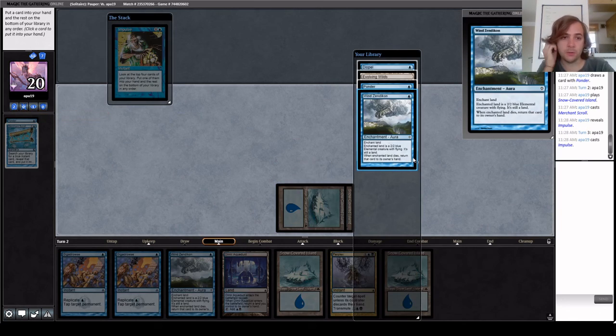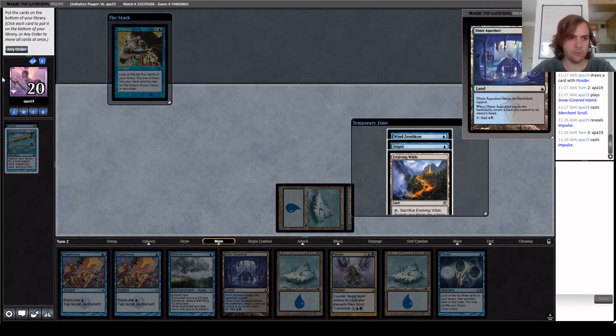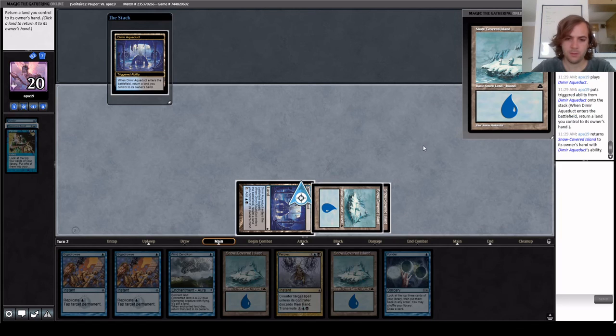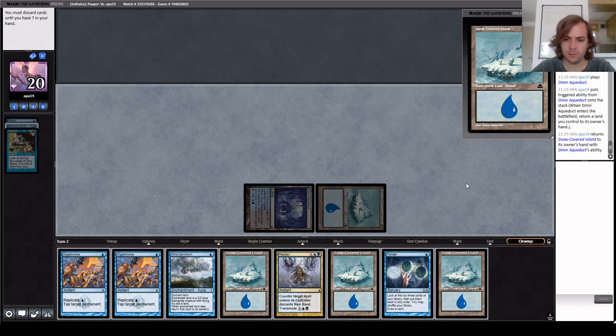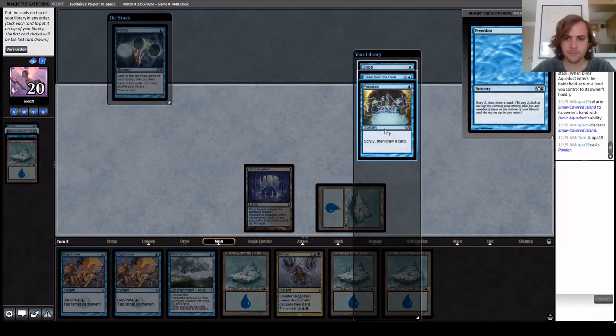So brainstorm, impulse here. We find ponder and a shuffle effect. I'm going to go for ponder because we can actually shuffle with the perplex. And we can discard a land, we have so many. So right now we do ponder first.